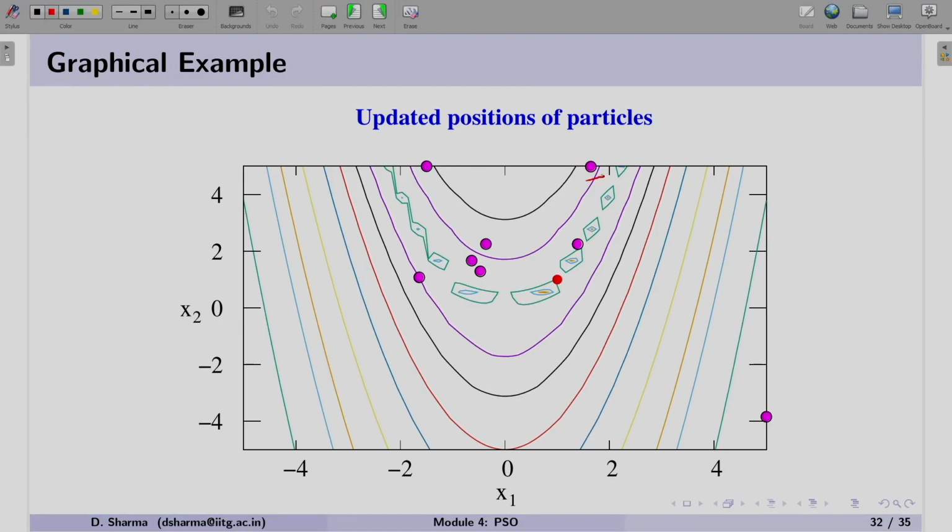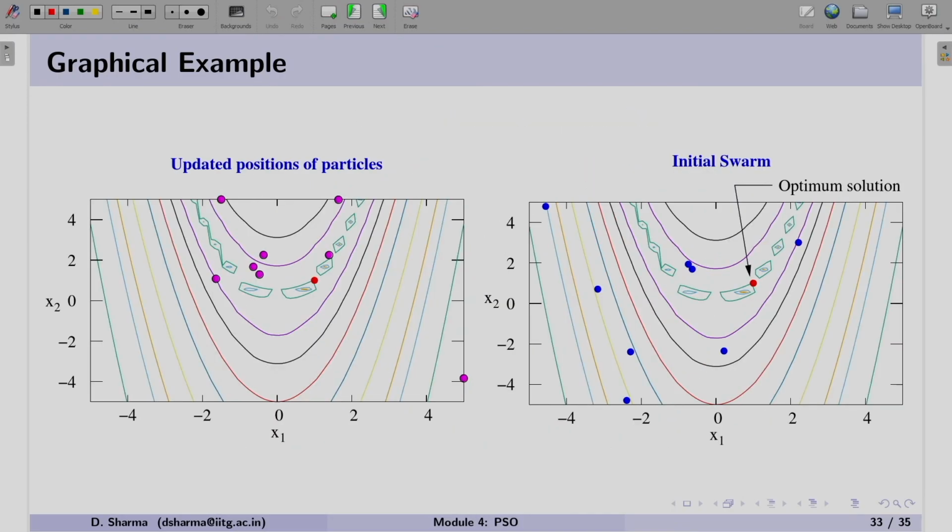These pink dots are all the updated positions, and we can see that in generation number 2 the solutions again started moving towards the optima, which you can see in the red dot. Let us compare how the solutions have moved so far. This was the initial swarm, where the solutions were randomly generated in the x1 and x2 plane.